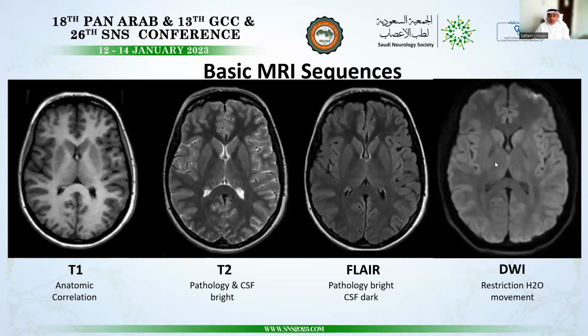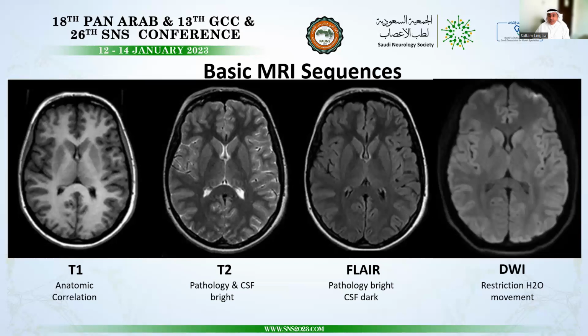The diffusion sequence is a very short sequence. It takes about 30 to 40 seconds, and it aims to detect the restricted water molecule movement. Water molecules move freely within the brain parenchyma along the various neurological tracts, and the restricted movement in these tracts is reflected as high signal intensity.